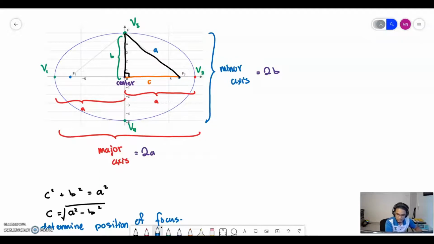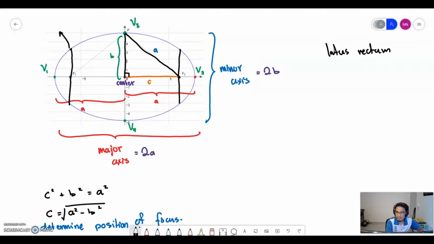Besides that, we have another thing called the latus rectum. The latus rectum is a line perpendicular to the major axis that passes through the focal point and ends when it intersects with the locus of the ellipse.